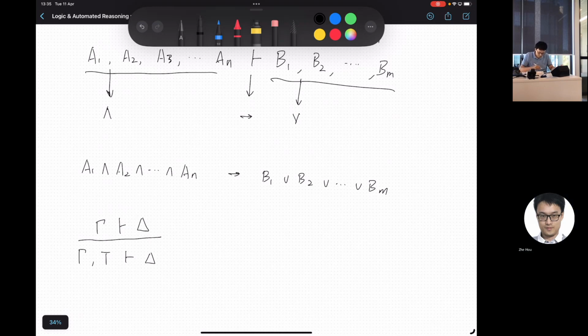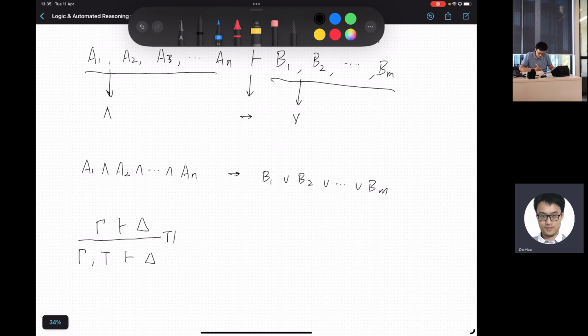So technically, we can say we don't need this rule at all. I'm going to draw a blue cross to say we don't need this. It's not because it's wrong, it's just that we don't need this.